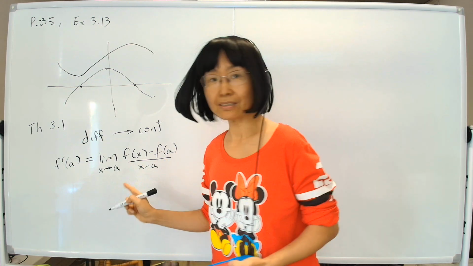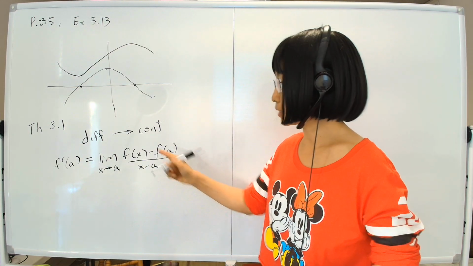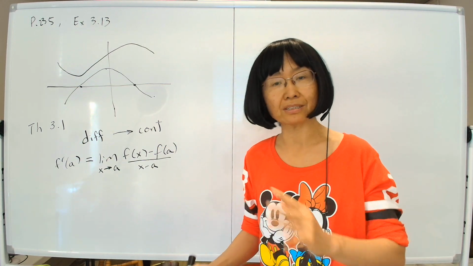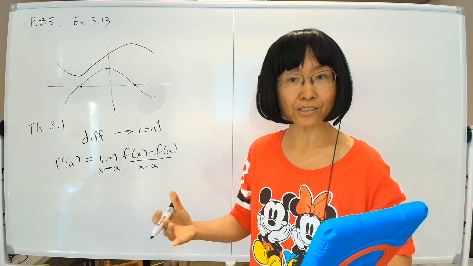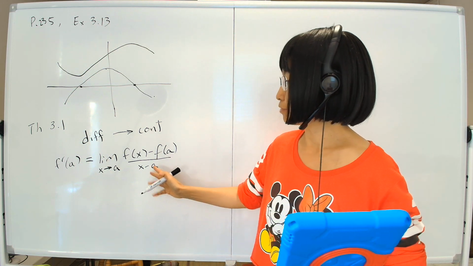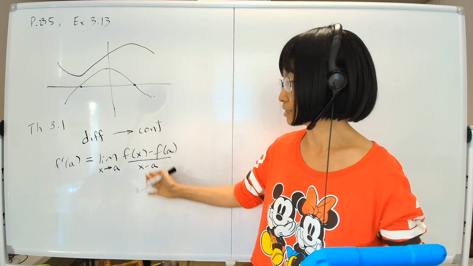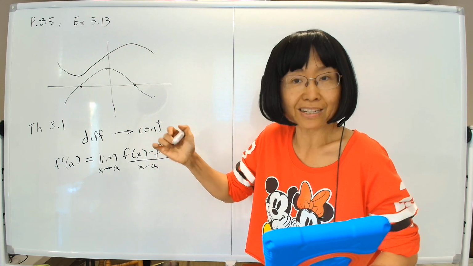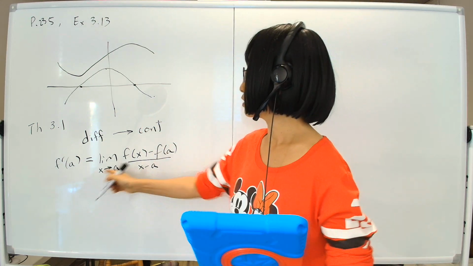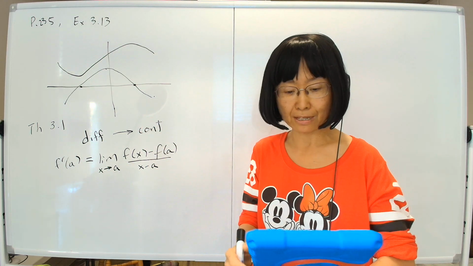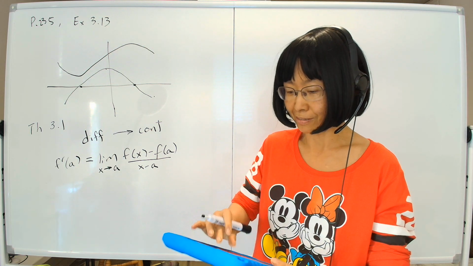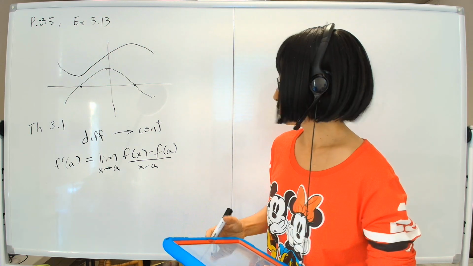Now this is different from our original definition, because our original definition used the h formula, but from the previous section we know that's the same as this one. Those two are just slightly different ways of saying the same thing. We'll use this formula in this example because it's somewhat simpler than using the h one.